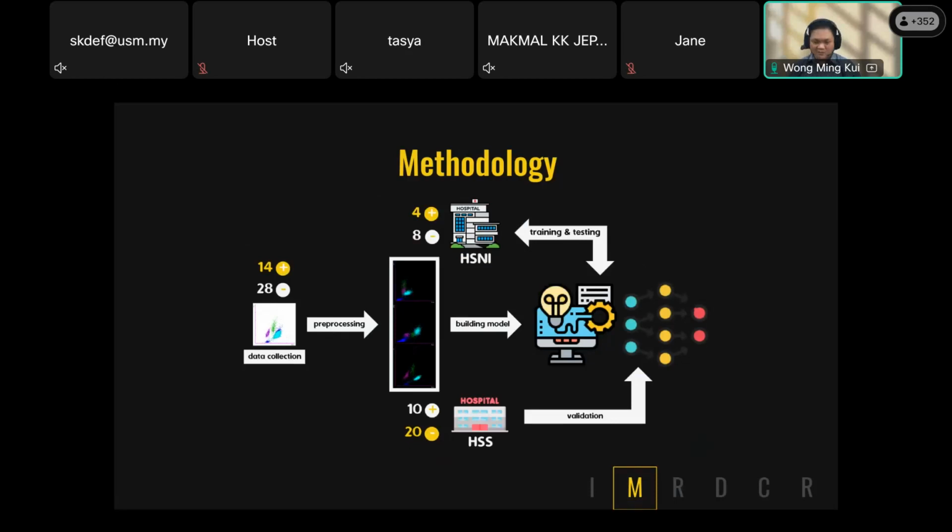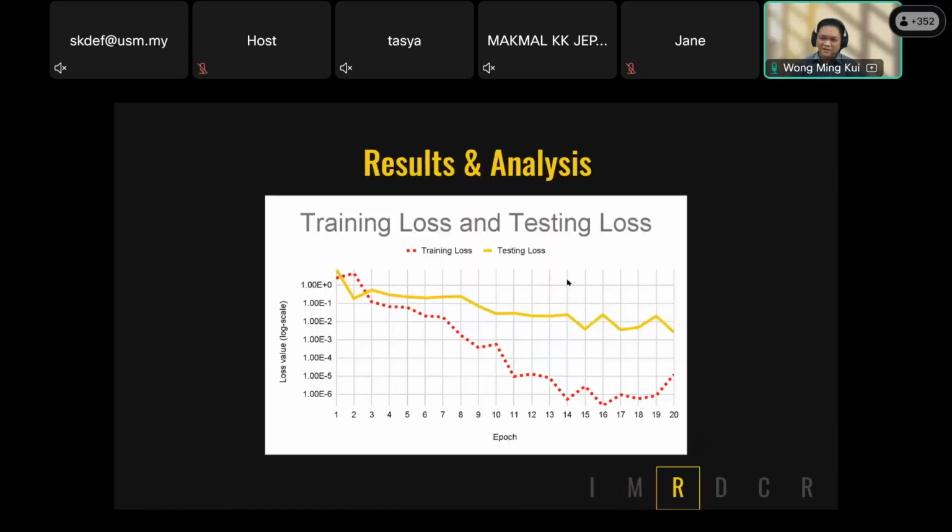This is one of the biggest problems faced by medical AI research. However, by introducing the FSL method, I managed to cut down the data size requirement to only 42 data. This is a very new approach that I introduced in this project.